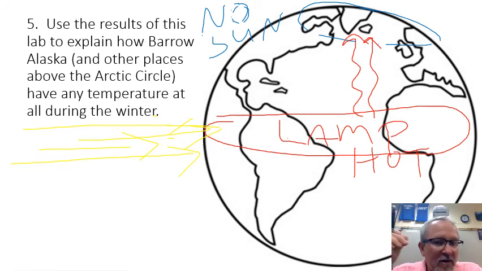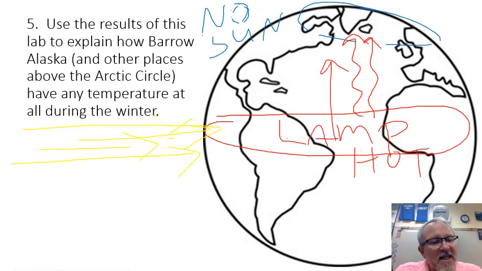And that's why Barrow, Alaska, even with no sunlight in the wintertime, can still be warm enough for people to survive. They are getting heat from the equator by convection, which is when water takes the energy from the sun and moves it somewhere else.